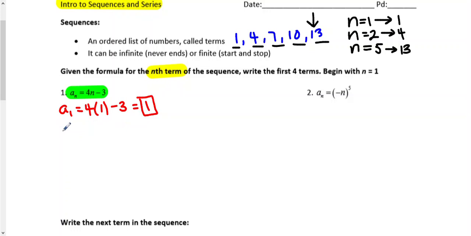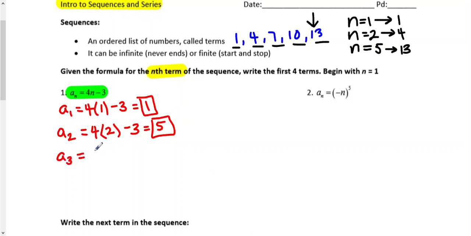Now we need to find the second term. So a sub 2, because I'm looking for my second term, equals 4 times 2 minus 3. 4 times 2 is 8. 8 minus 3 is 5. So my second term in this sequence is 5.